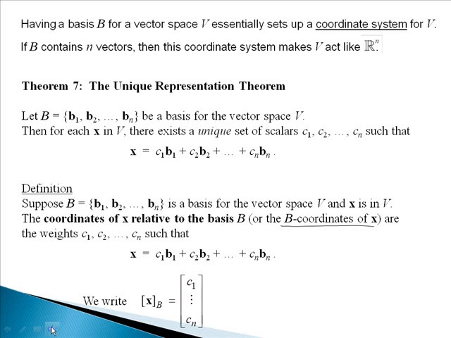And we write this using this notation, which stands for the B coordinates of x. Notice it's a vector of our weights c1 through cn. This is the B coordinate vector of x, or the beta coordinate vector of x.